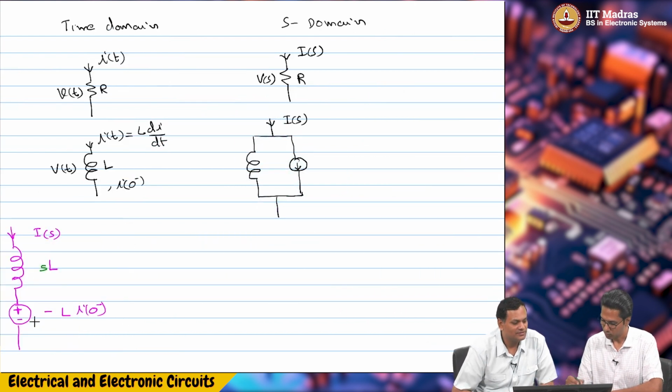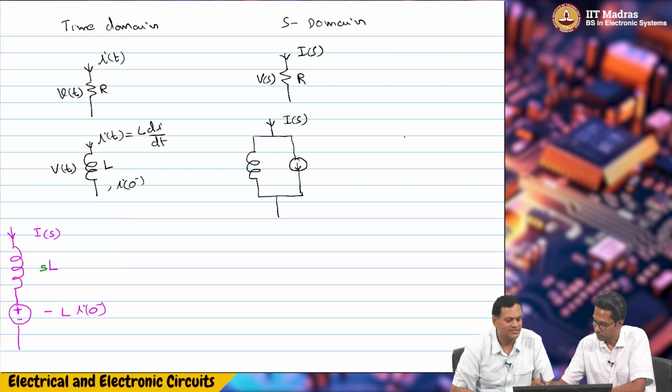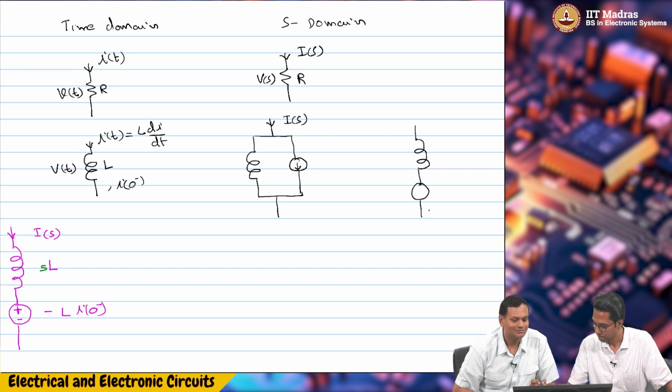So what we have is this. Maybe we'll draw that first, on the right side here, the series equivalent. V of S is the voltage across the inductor.